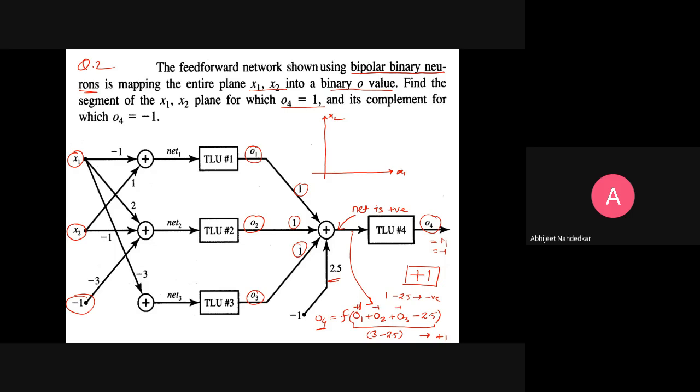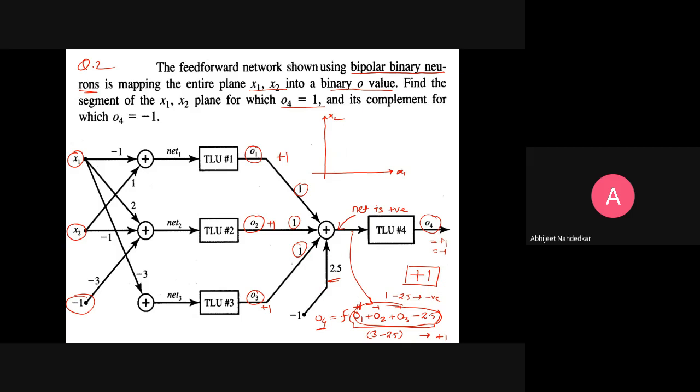Say this is -1, this is -1, this is -1, then there is no question of firing at all. So for any combination, this will not fire. It will fire only when all these outputs are +1 here, +1 here, and +1 here. Otherwise, it will not fire.